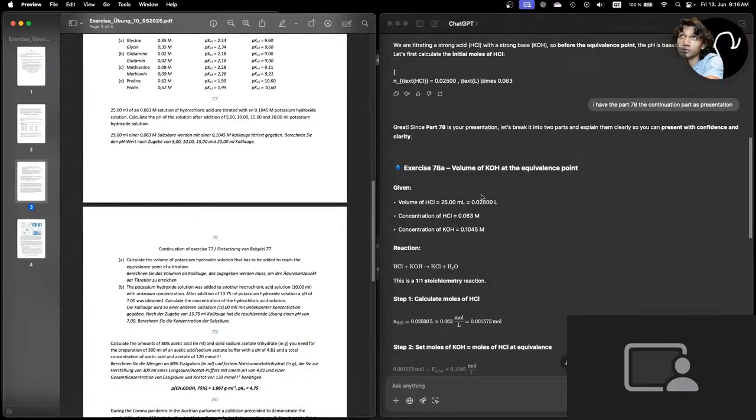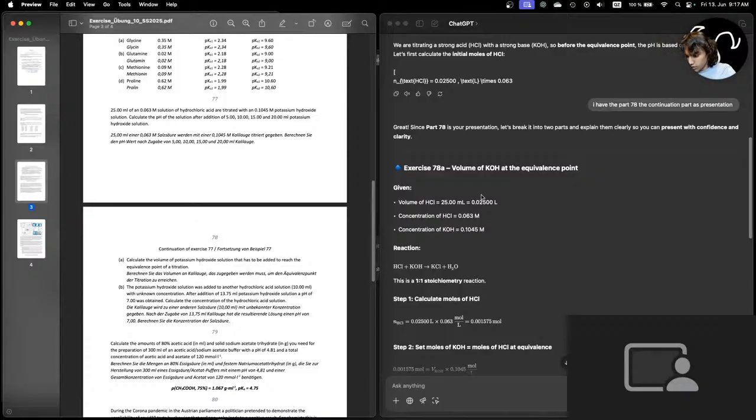So what I wrote last week was: the volume of KOH needed to be added has to be added to reach the equivalence point of titration.